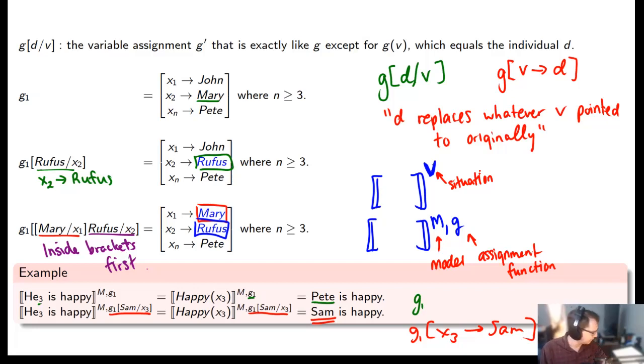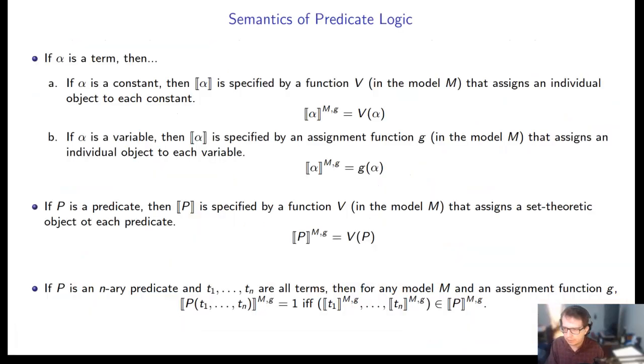We're going to talk about assignment functions a little bit more in semantics. So if you do have any questions about them, please feel free to interrupt me. This slide is a little bit technical, but let me just go through this a little bit more casually. This is about how we interpret our predicate logic formulas.